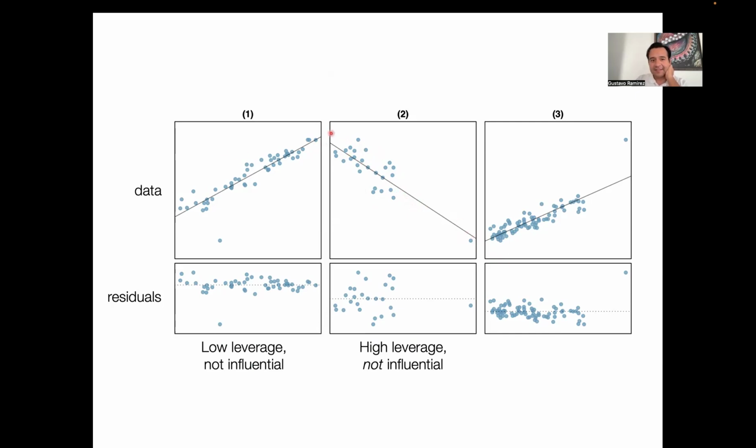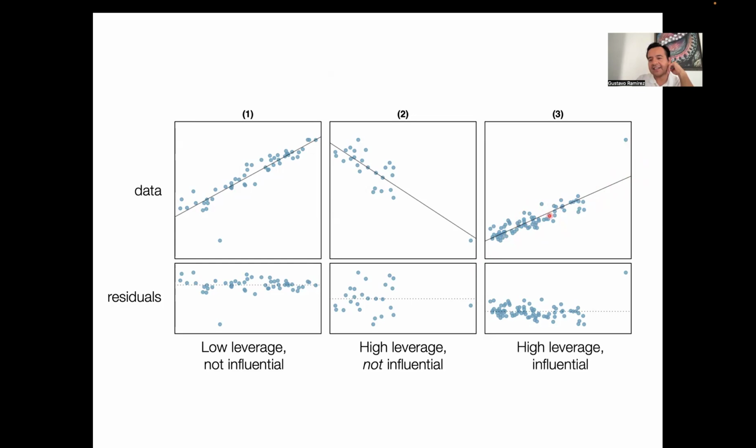All right. This is the same thing here. We've got low leverage because we're right above the cluster, right? And not influential because it's not going to change that slope that much. All right. So now scenario three, we've got a point that's really far out in terms of the range of the x-axis from where all of the other clustering is happening. And on top of that, it is really off from the predicted slope that we would have before.